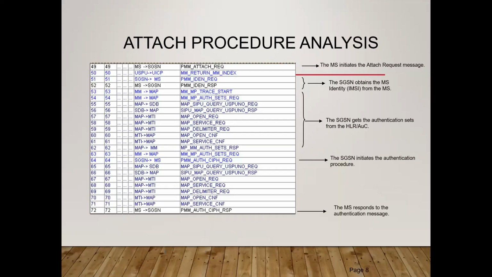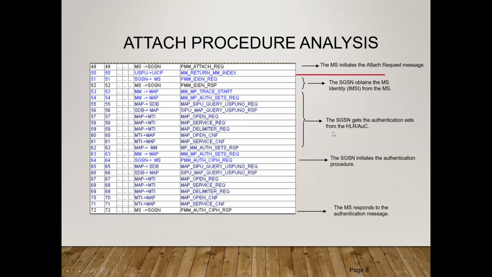Okay, so this is a typical attach procedure trace. You will see an attach request. You will see an identity request, which is to get the IMSI from the MSISDN. Then you will see this MAP open request and service request, because if you remember, over the Gr interface the protocol that is running is MAP.